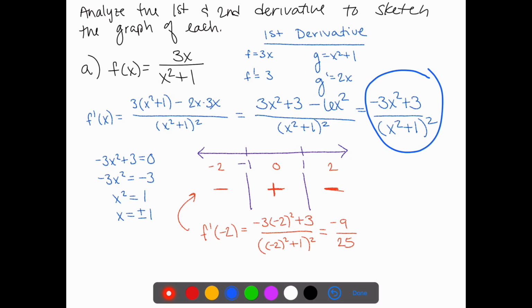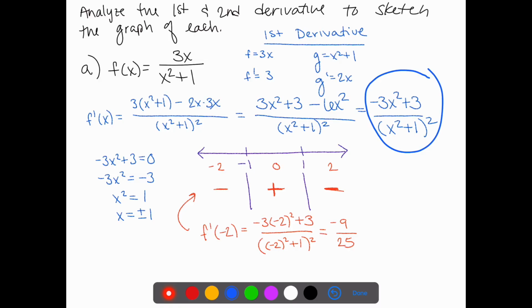I ended up getting a negative answer. Specifically, I got this fraction, negative 9 over 25, but really the thing I need to keep track of is that that answer is negative. And then I did the same thing. I plugged in 0 into my first derivative. I got a positive. I plugged in positive 2, and I also got a negative answer.